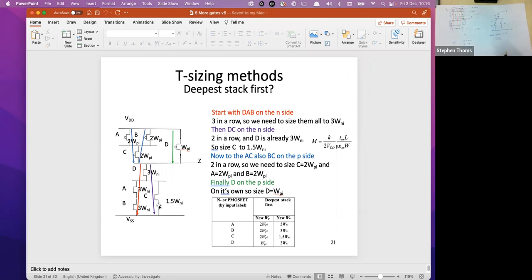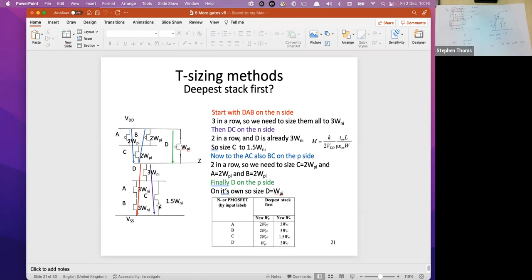And then we start thinking about this direction here, which is slightly more problematical. So what do we do about C? Well, we know that D has width 3 WN. And what we're wanting to do is to find the width of C.